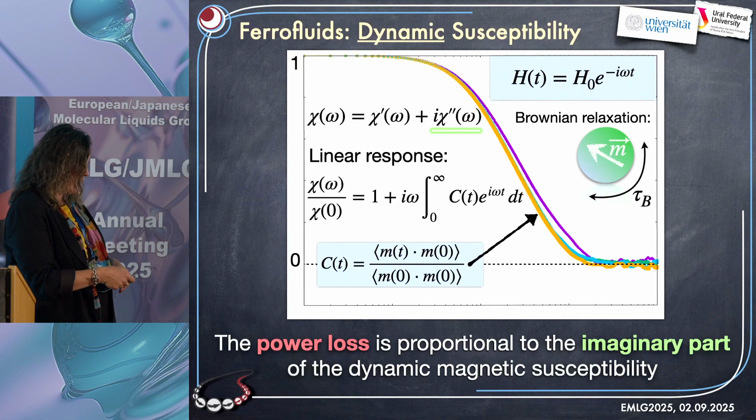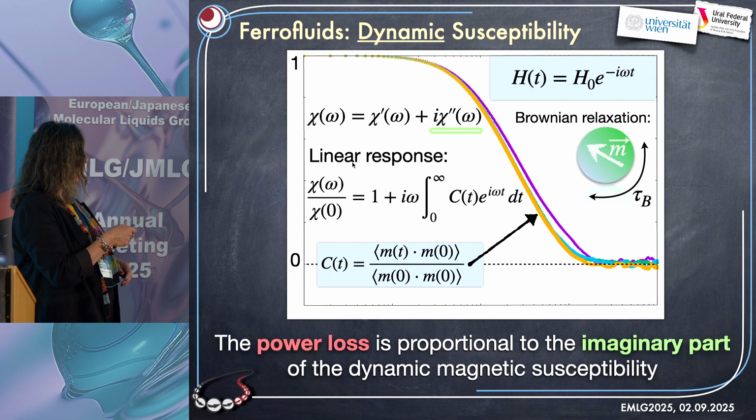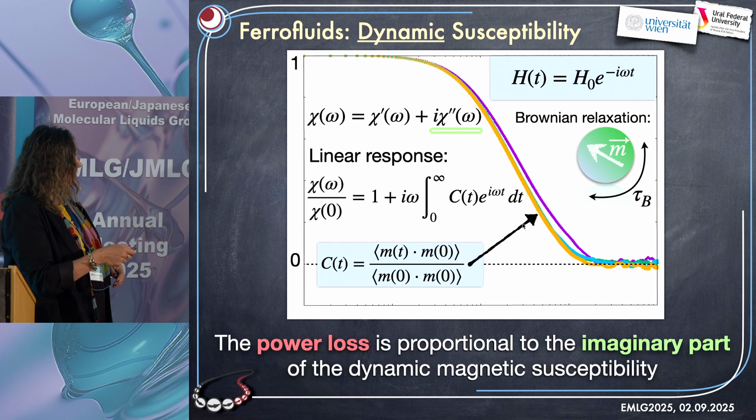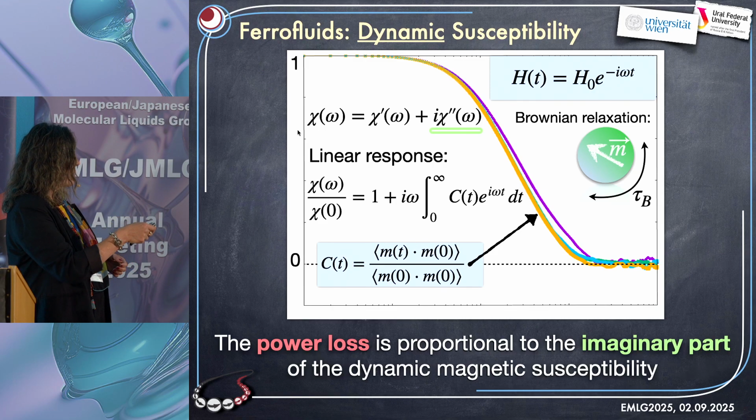Now, what do we know about this? We can measure in a system the magnetic moment autocorrelation function. It will look like this, and it is characterized as an autocorrelation function of the magnetization of a particle or of the whole system with respect to its zero moment orientation.